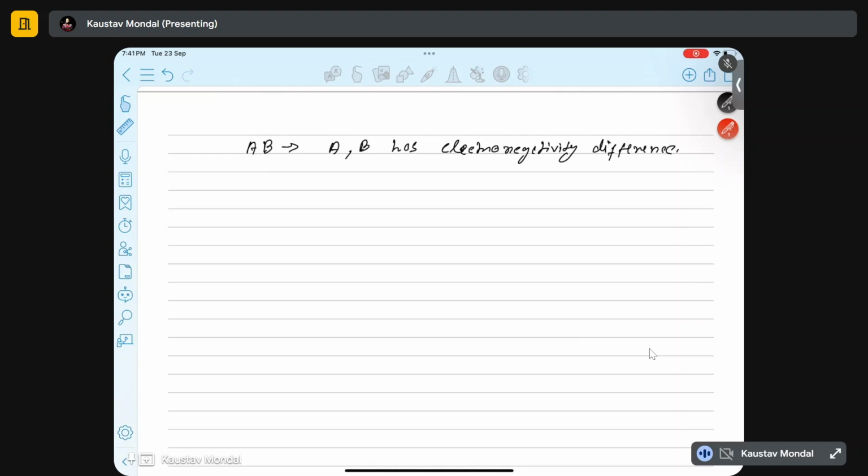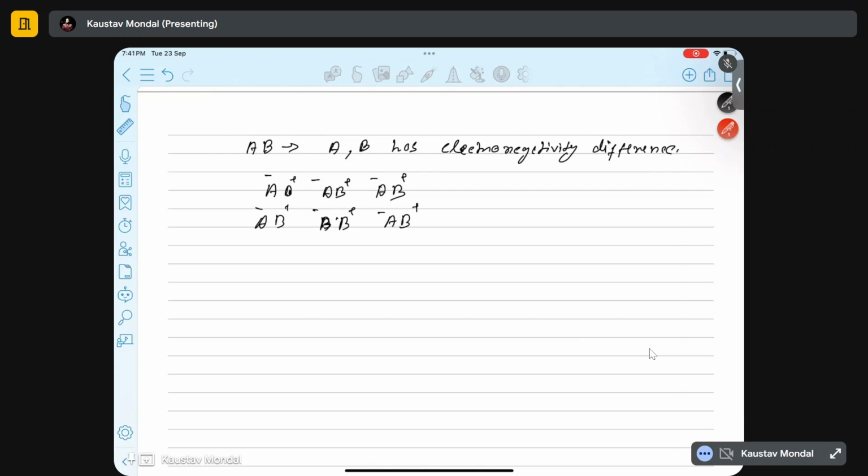Okay, so when perfectly ordered, the system would be like AB, AB, AB, AB, AB, because between A and B there is an electronegativity difference. So let's suppose B is plus and A is minus, so automatically there would be minus, plus, minus, plus, minus, plus, minus, plus, like this.